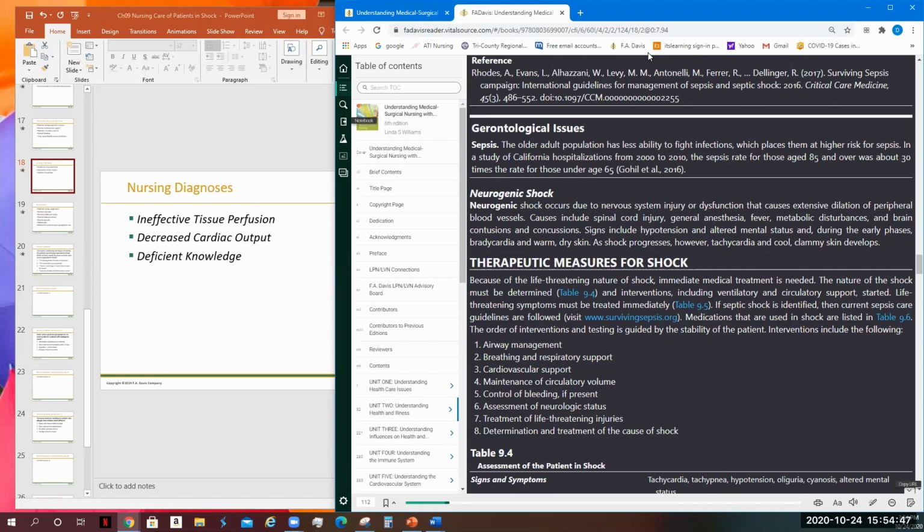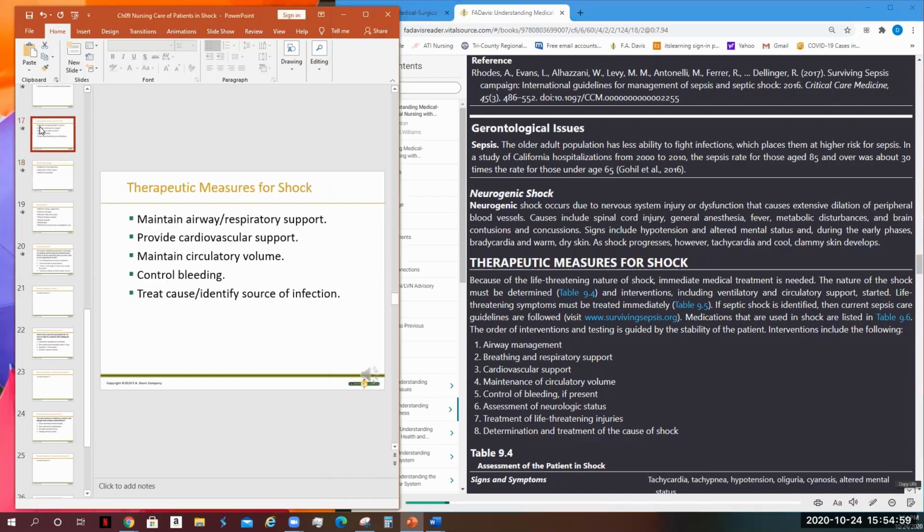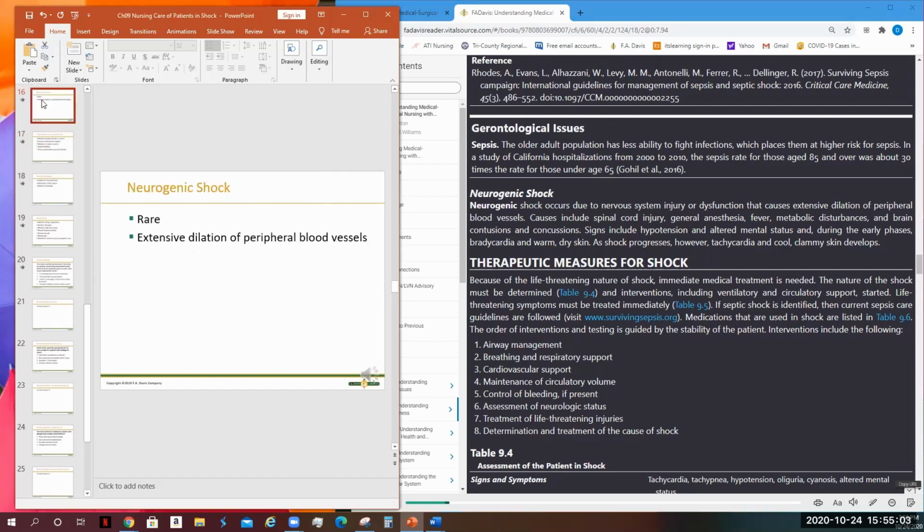Neurogenic shock occurs due to nervous system injury or dysfunction that causes extensive dilation of peripheral blood vessels. Causes include spinal cord injury, general anesthesia, fever, metabolic disturbances, and brain contusions and concussions.